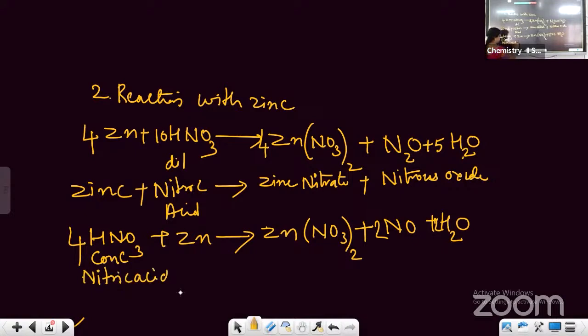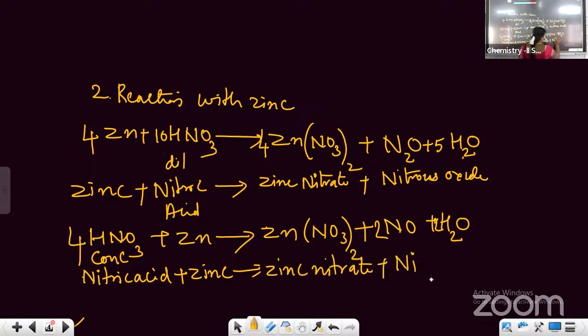The names which I am writing below the equation, you take that only as the statement: with the zinc to give zinc nitrate plus what is NO? Nitric oxide. Okay, students, copy down this.